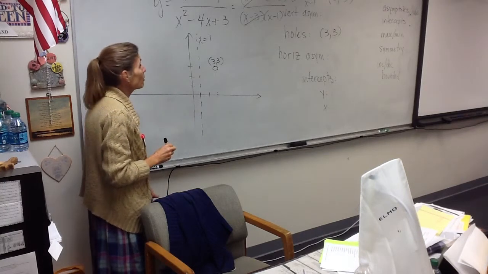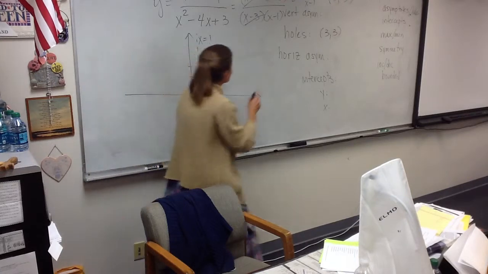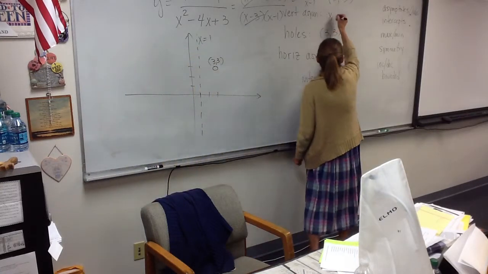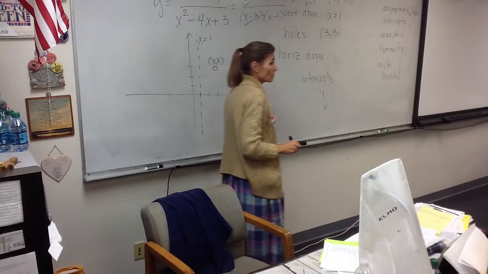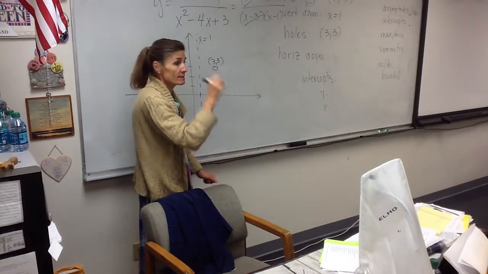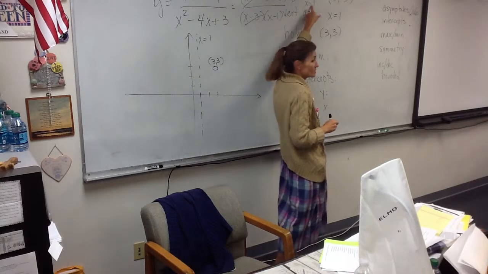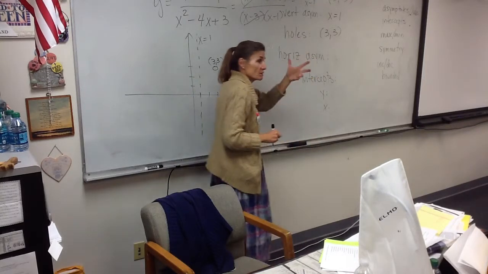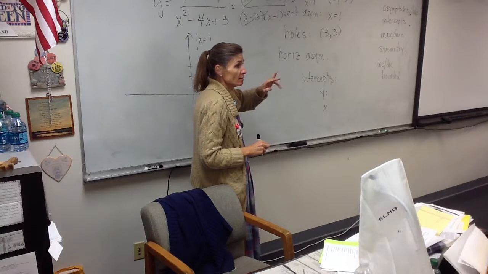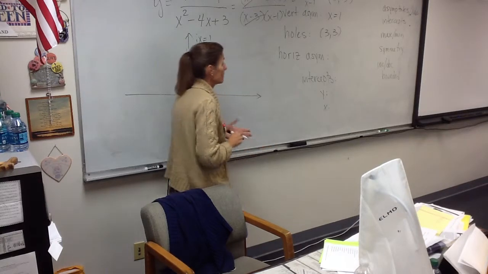Now, I need a horizontal asymptote. My vertical asymptote is x equals 1. Why is my vertical asymptote x equal 1? Because x can't equal 1. You cannot put 1 into this problem. Because we talked about it yesterday, it's a domain issue, isn't it? Can't have a 0 in the bottom.